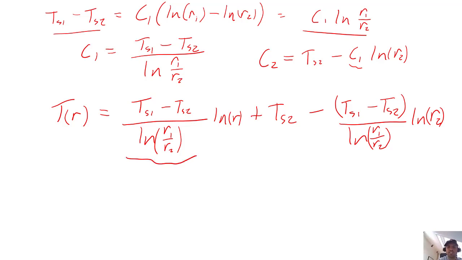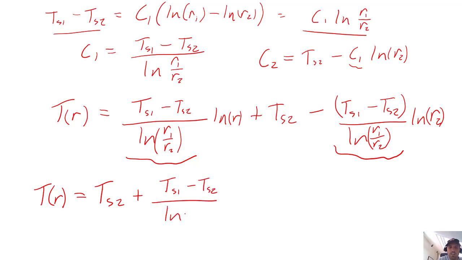You can see these very similar terms here, so we can go ahead and combine those terms. If we simplify this equation a little bit, we get T(R) equals TS2 plus, we're going to take this C1 here, which is TS1 minus TS2 over ln R1 over R2, and then that is going to be multiplied by the natural log of R over R2.